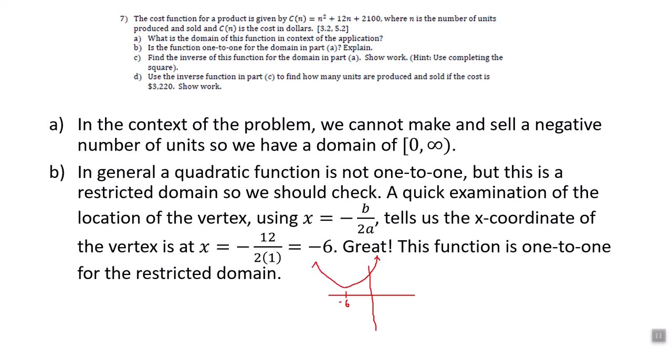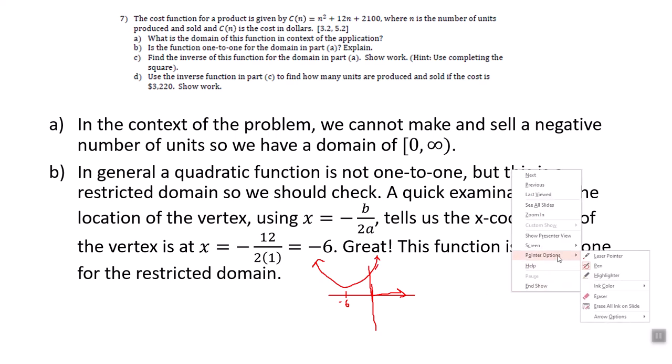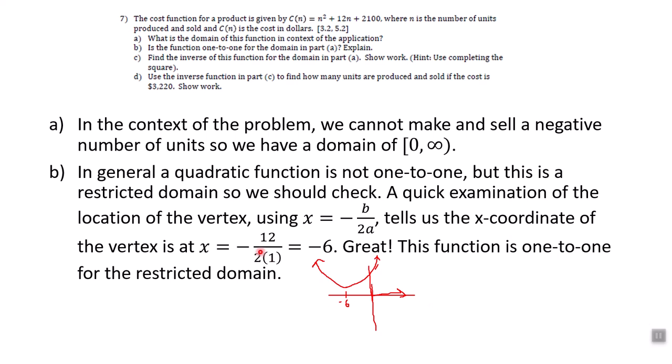And we don't really even care about this side because remember, all we care about is from 0 forward. And this part of our graph is one-to-one. All right? So in this restricted domain, our function is one-to-one.